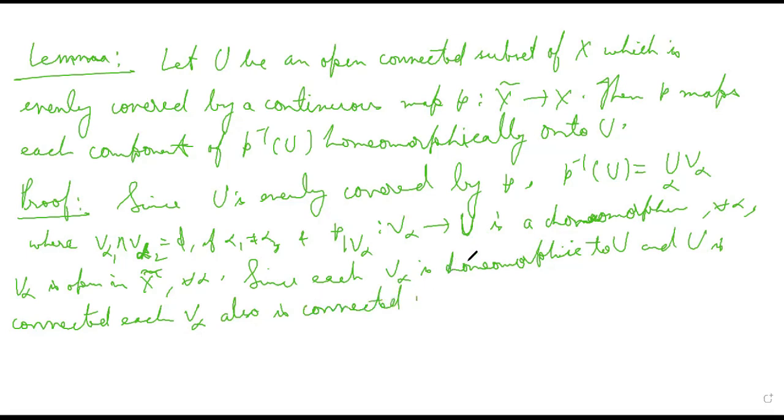If two spaces are homeomorphic, then if one is connected, the other also should be connected. So each V alpha is connected. So what you have is P inverse U equal to the union of these V alphas. Each V alpha is connected and open, and they are disjoint from each other.